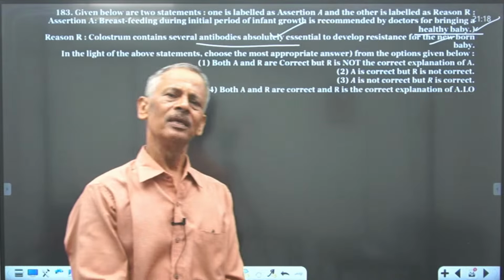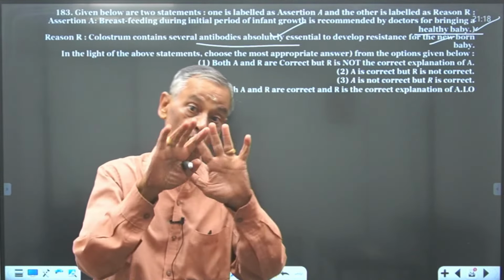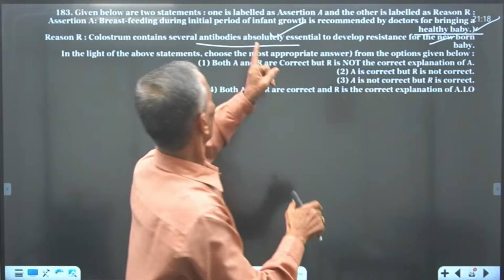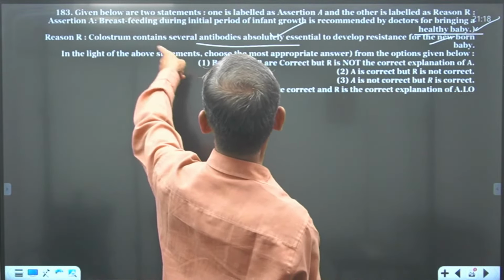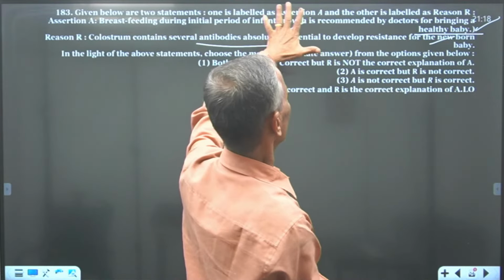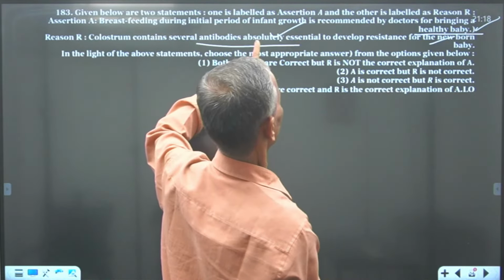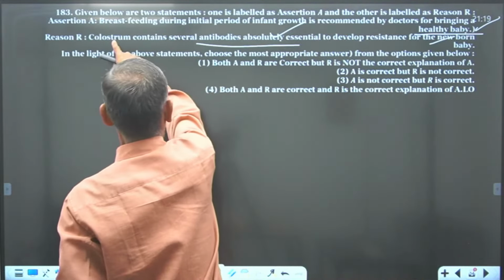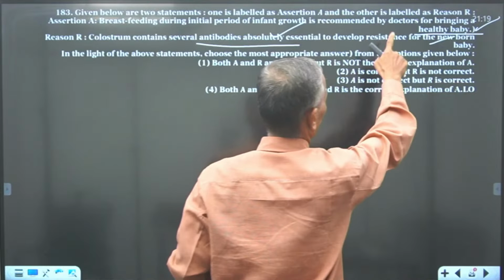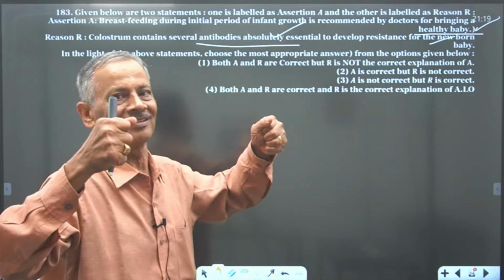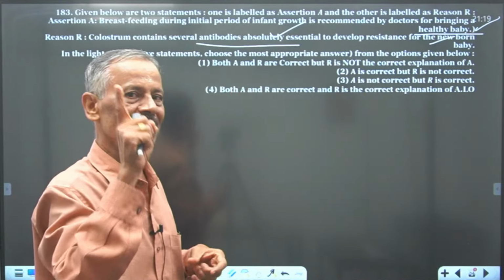So that is the correct statement. When both statements are correct, you ask why. Why are doctors saying that breastfeeding during the initial period of growth is highly essential for bringing up a healthy baby? Because that colostrum contains antibodies that give resistance. That is why the baby develops healthy. So that is the correct explanation.